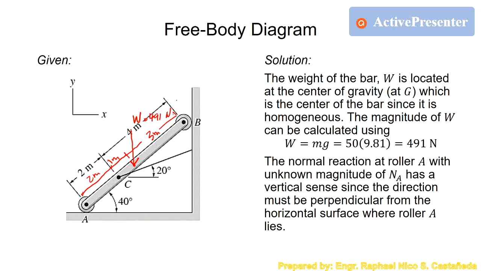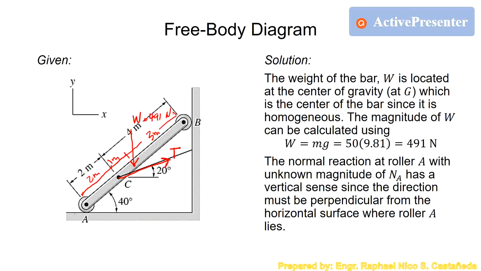That is what we call the applied forces. Next are the reactions. You have two roller supports and a cable. For the cable, we will have a tensile force, one unknown, acting away from the body. This is the tensile force. Then the roller supports act normal to the surface.